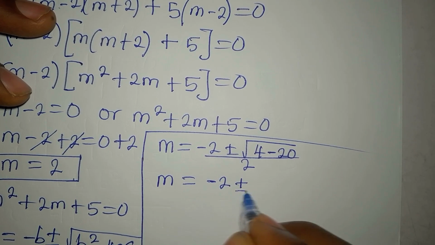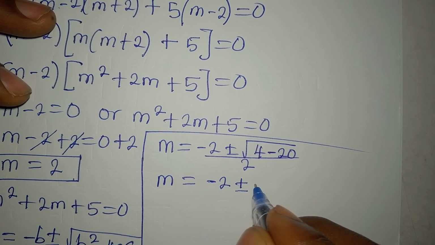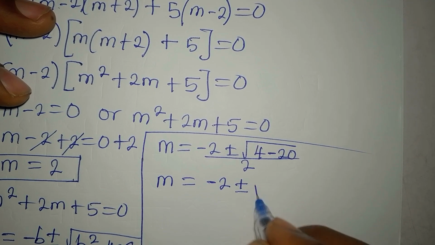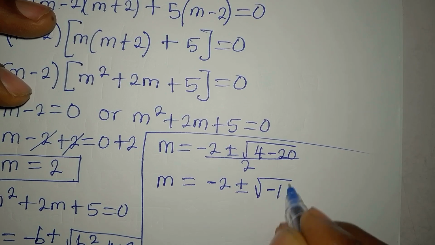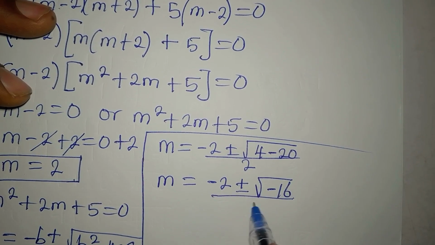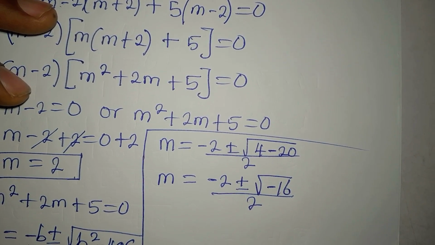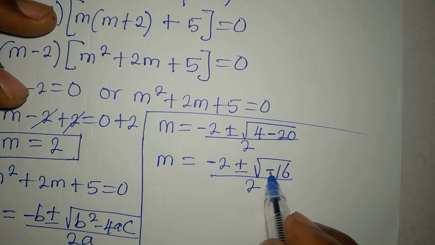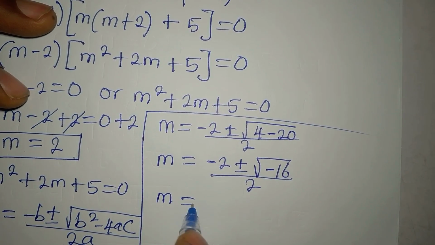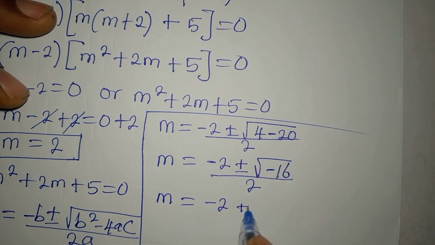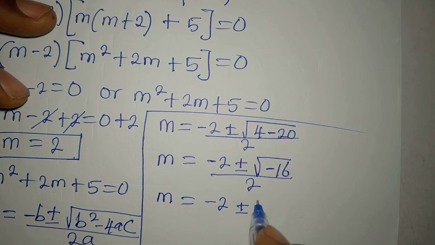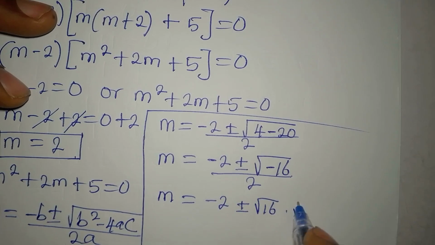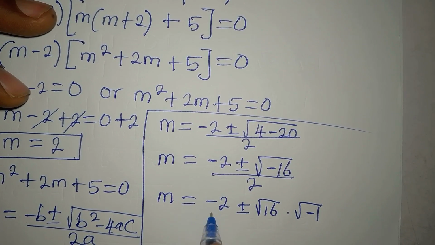Plus or minus, we have square root of negative 16. Then we divide by 2. What I want to do is to pick out this negative from here. So m will be minus 2 plus or minus square root of 16 times square root of negative 1. And then we'll divide by 2.